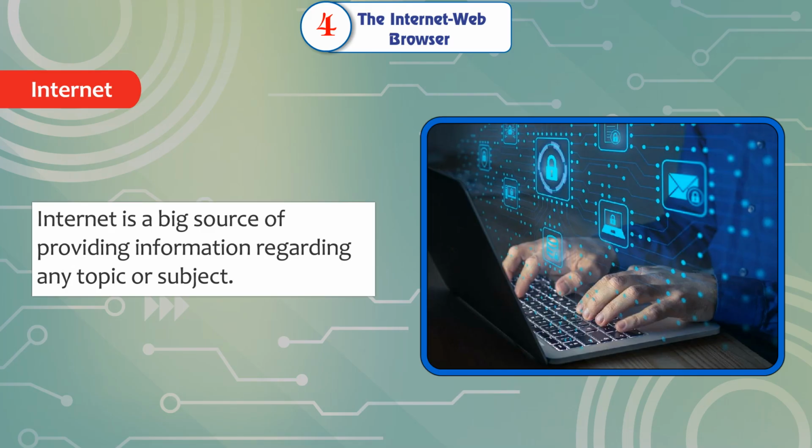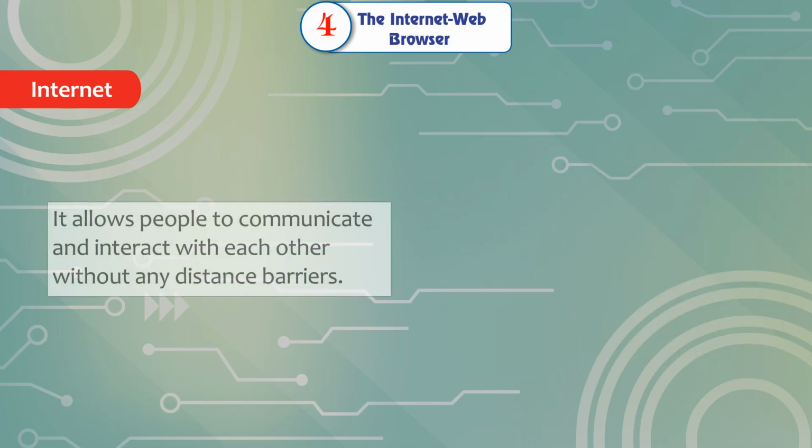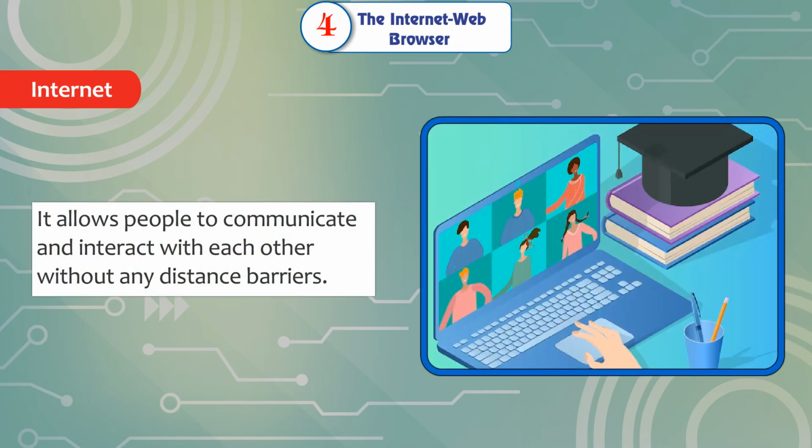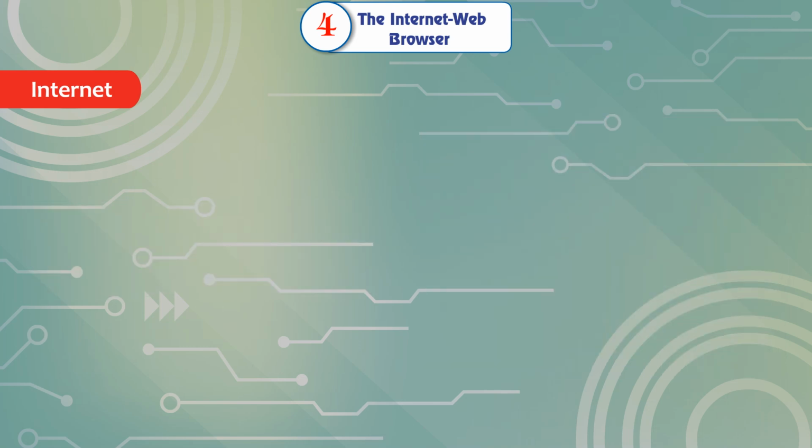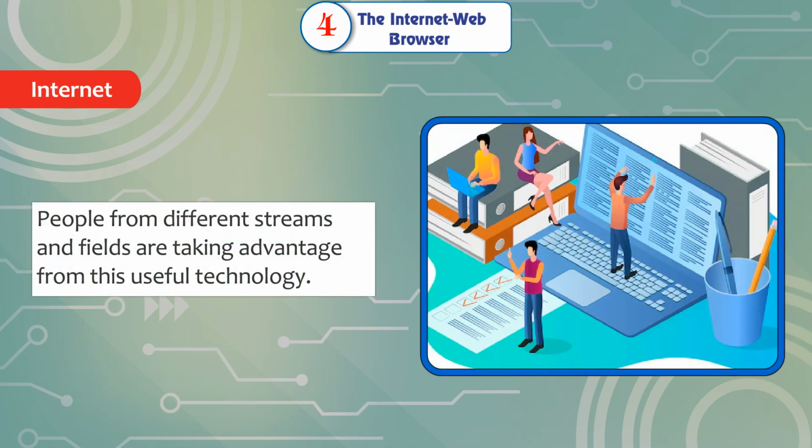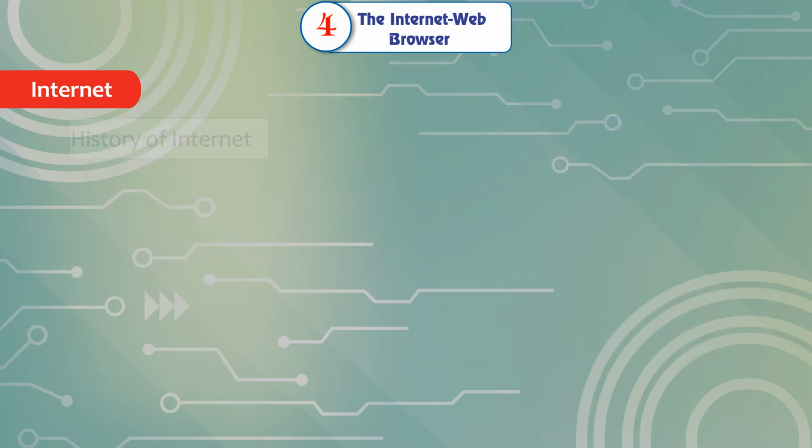Internet is a big source of providing information regarding any topic or subject. It allows people to communicate and interact with each other without any distance barriers. People from different streams and fields are taking advantage of this useful technology.